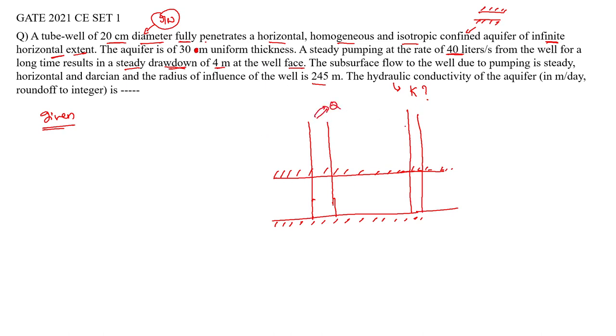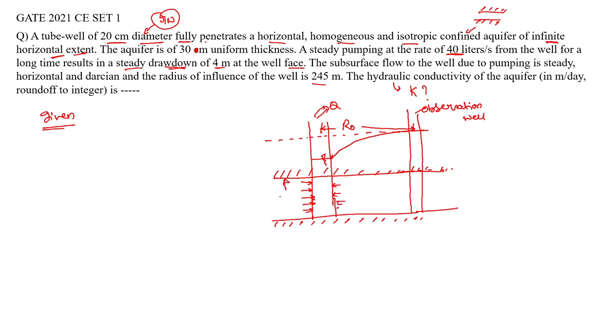We are taking Q water from here, and this is an observation well. This is the steady water level after a long time. This is the initial static water level. And flow is entering here from all directions, radially.